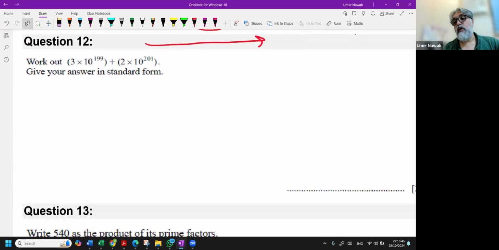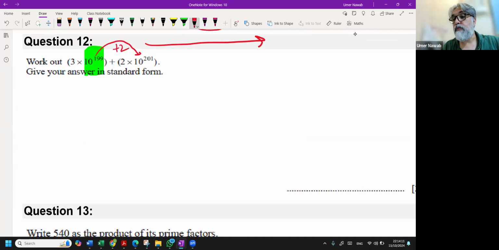Again, a question on the addition of two standard forms came. You remember, guys? You have to make the smallest power the same as the biggest power. So where is the smallest power? I have the powers 201 and 199. So this power 199 should be increased by 2.